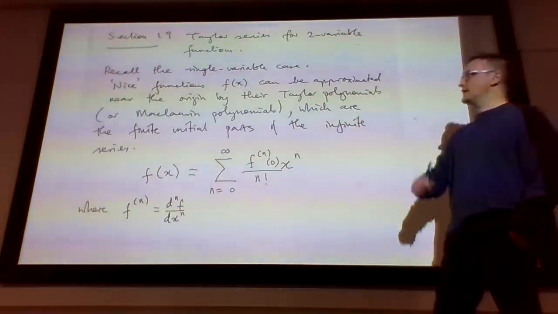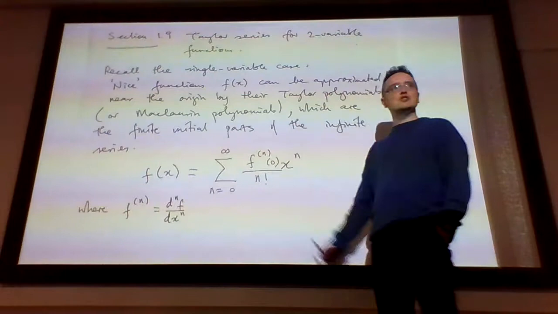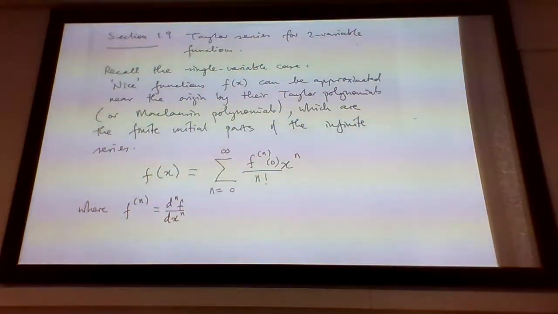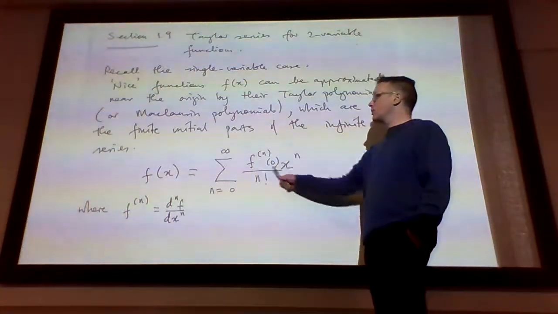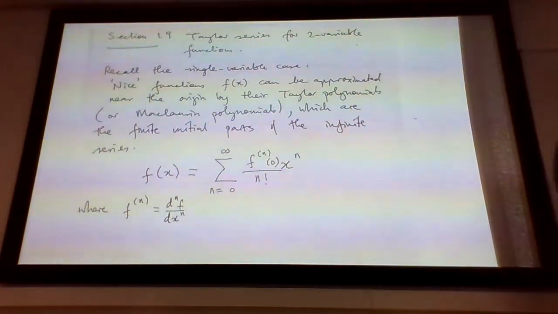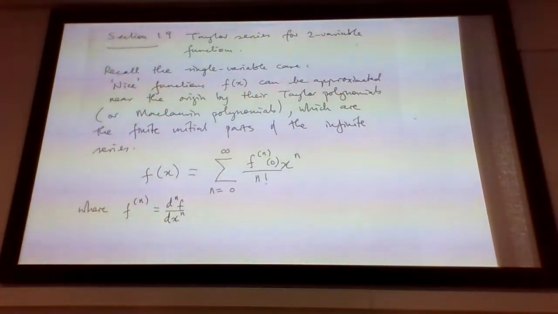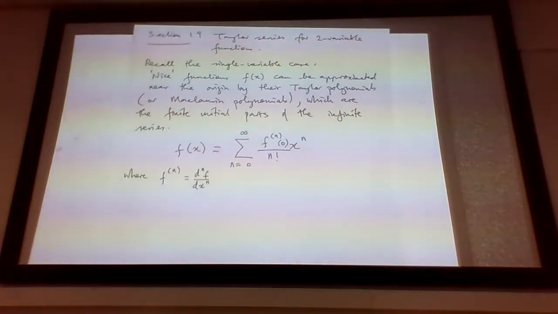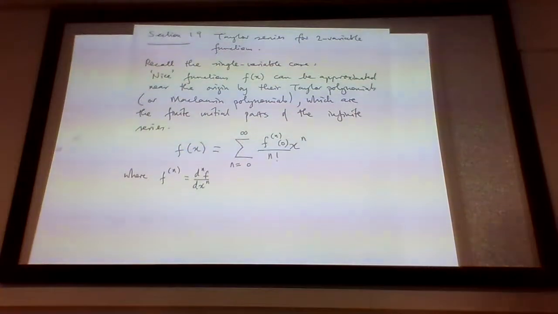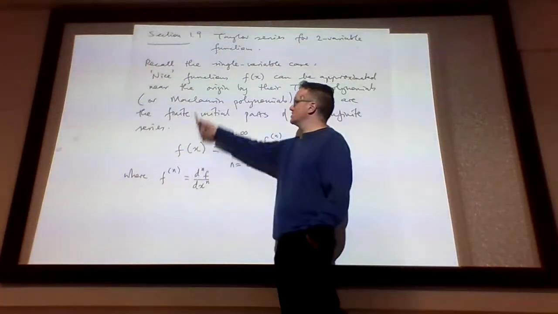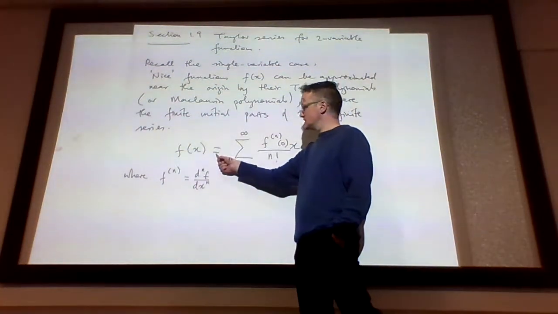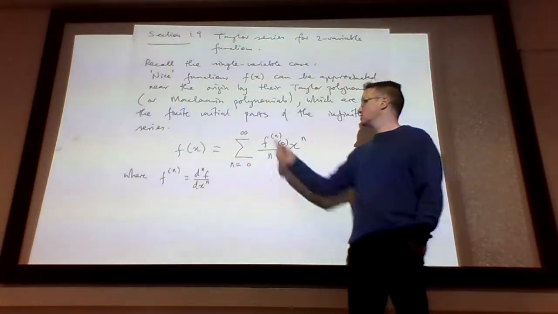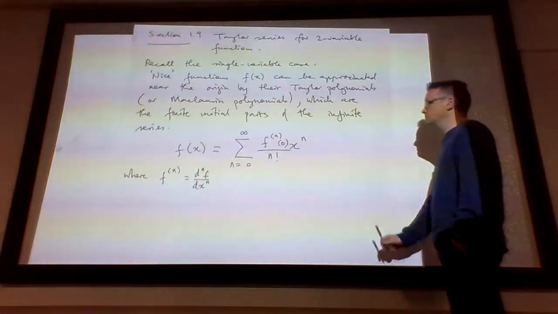So if you know about the function f, and if you're able to calculate its derivatives, and you can evaluate them at 0, then you can form this infinite series polynomial, which gives you a nice expression for the function f. This is under certain conditions, certain nice functions. This is an equation. The function is equal to this infinite sum.